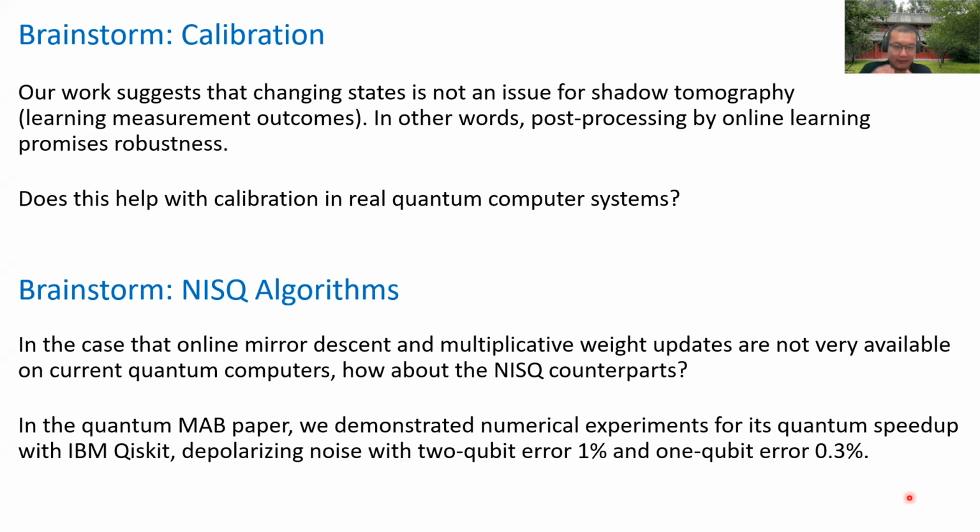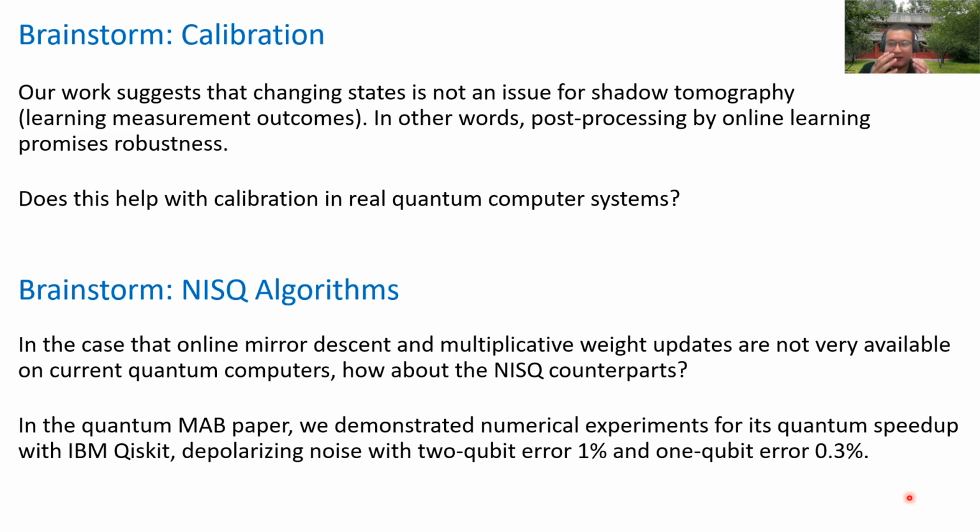One thing I want to mention is that Henry just now asked a question about the numerical experiments. In our adaptive online learning paper, we use QuTiP. And in another paper of mine, the quantum multi-armed bandit paper, we conducted numerical experiments for its quantum speedup with IBM Qiskit. Qiskit is good because it has a noise model.